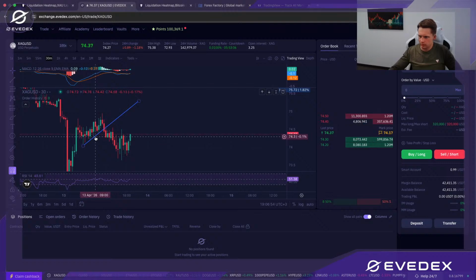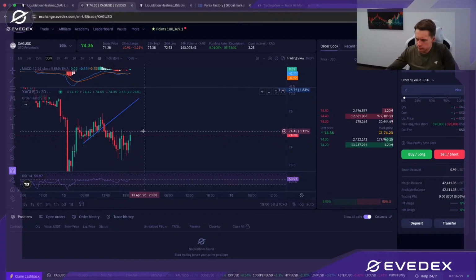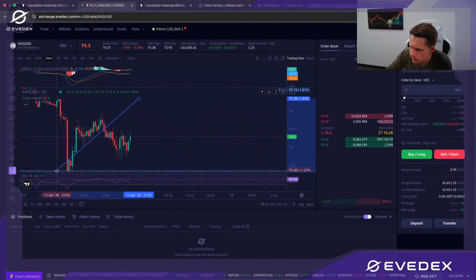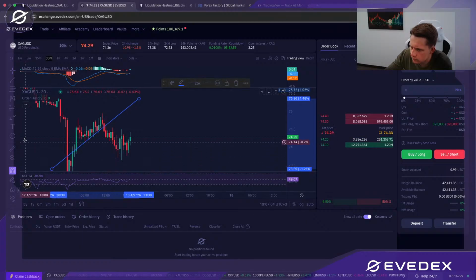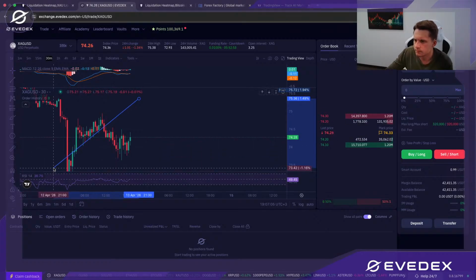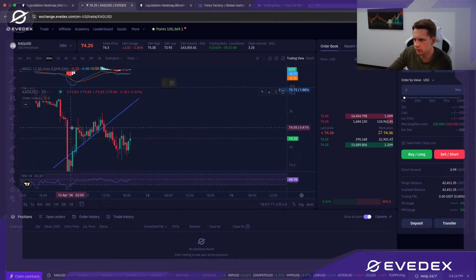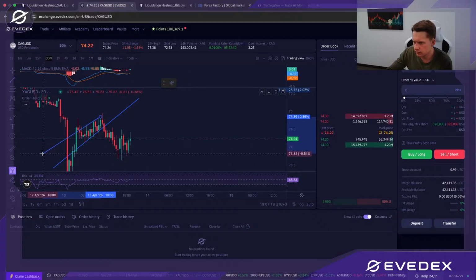Oh, never mind, I can do it like this. Something like that. And then as for the top, most likely start from this peak and see what we find.